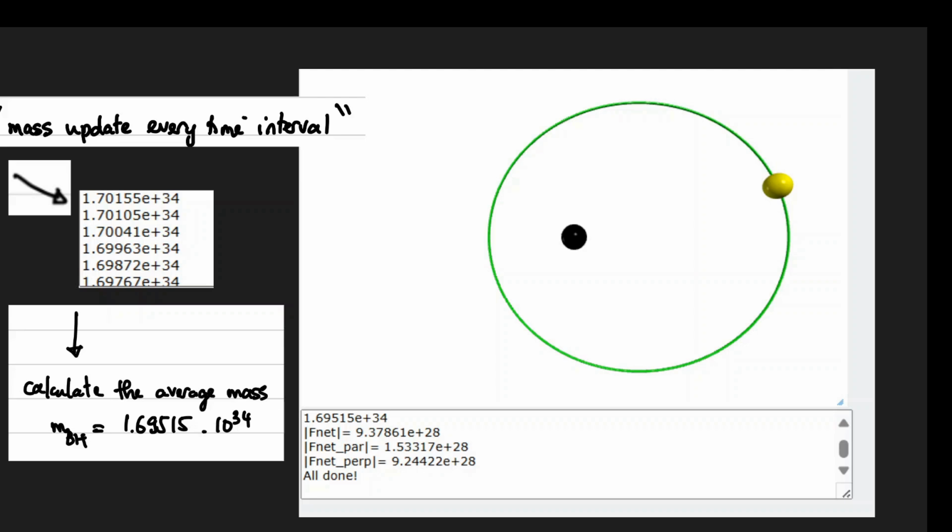To calculate the overall mass, I calculate the average mass, which is roughly 1.69515 multiplied by 10 to the 34. We can also see that the F net total is equal to 9.3 multiplied by 10 to the 28, the F net parallel is 1.533 multiplied by 10 to the 28, and the F net perpendicular is 9.24 multiplied by 10 to the 28.